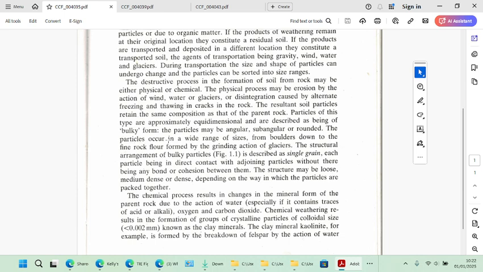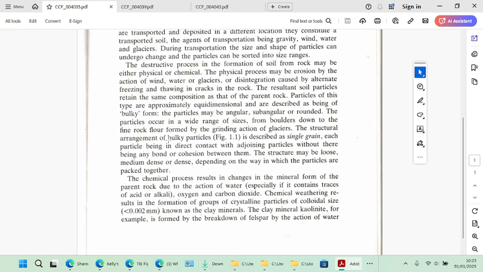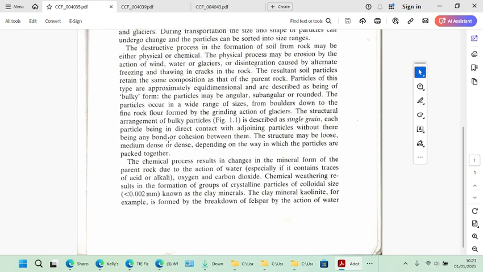Particles of this type are approximately equidimensional and are described as being of bulky form. The particles may be angular, subangular, or rounded. The particles occur in a wide range of sizes, from boulders down to the fine rock flour formed by the grinding actions of glaciers. The structural arrangement of bulky particles, figure 1.1, is on the next page.